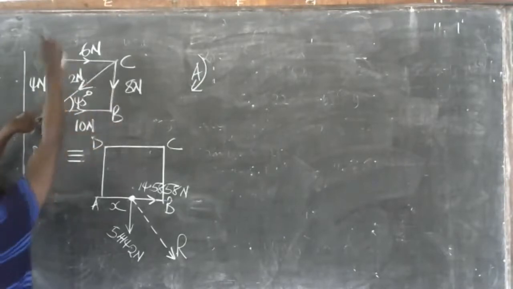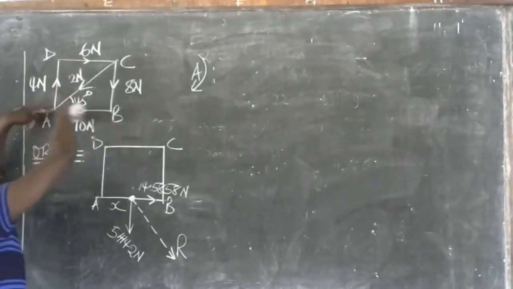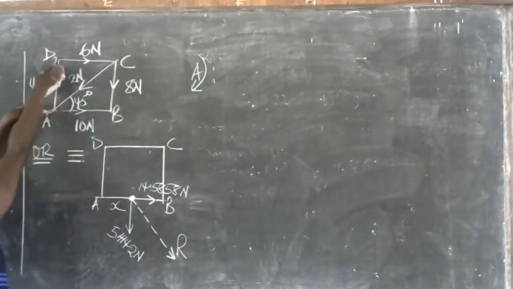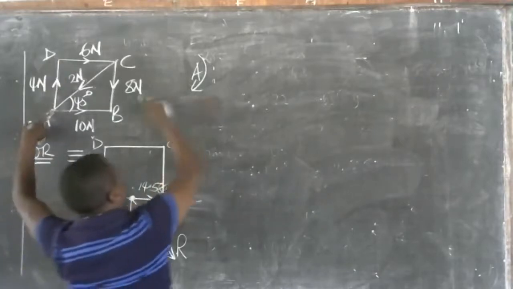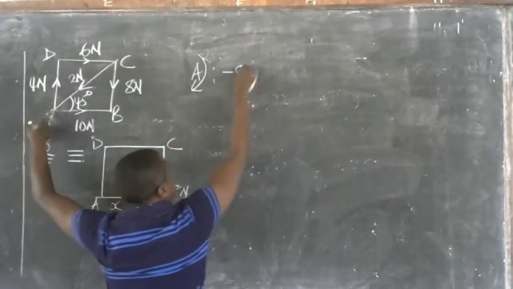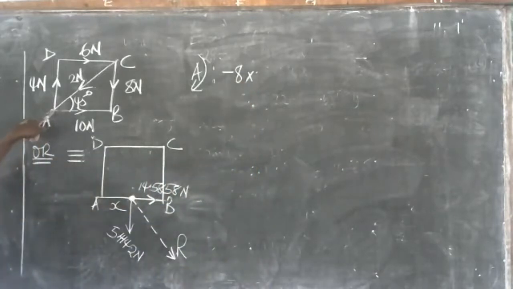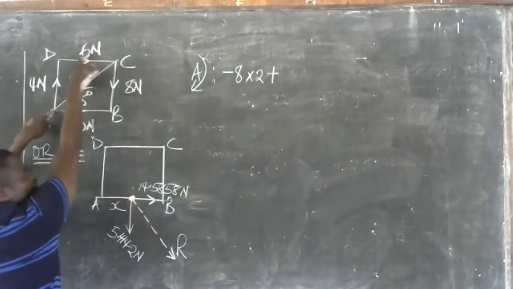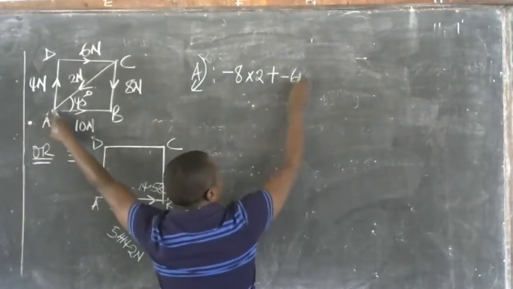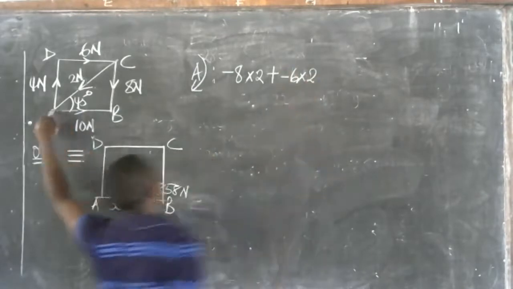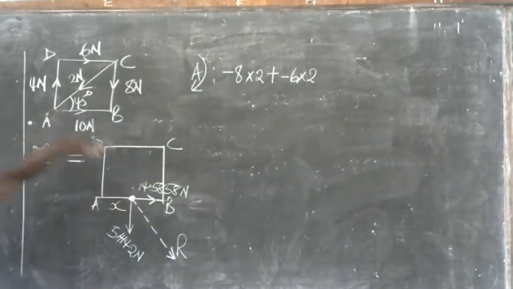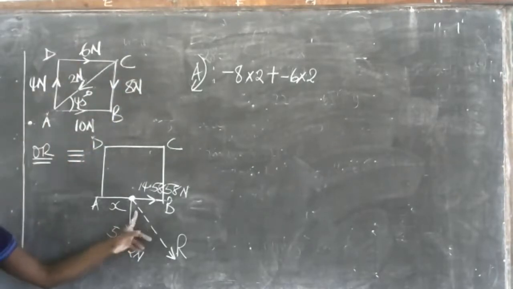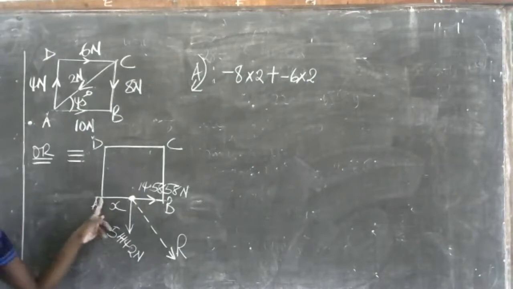We have 8 and 6. The perpendicular distance to 8 is 2 units, and to 6 is 2 units. This is a square. So 8 is clockwise, that is negative 8 times the perpendicular distance, plus the moment of 6 newtons, again clockwise, negative 6 times 2. I have got the sum of moments in this diagram.